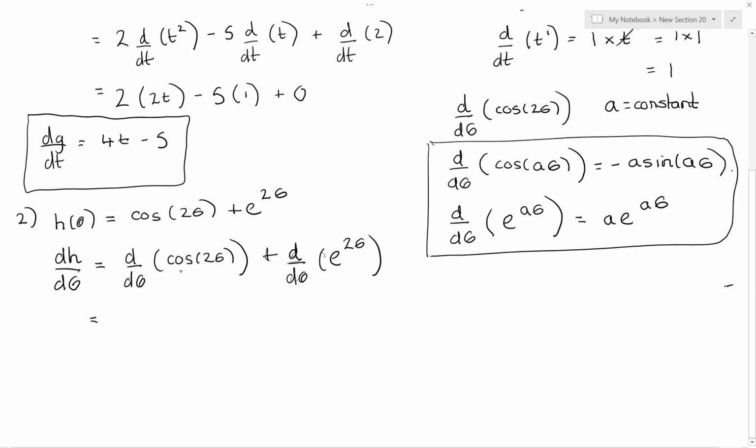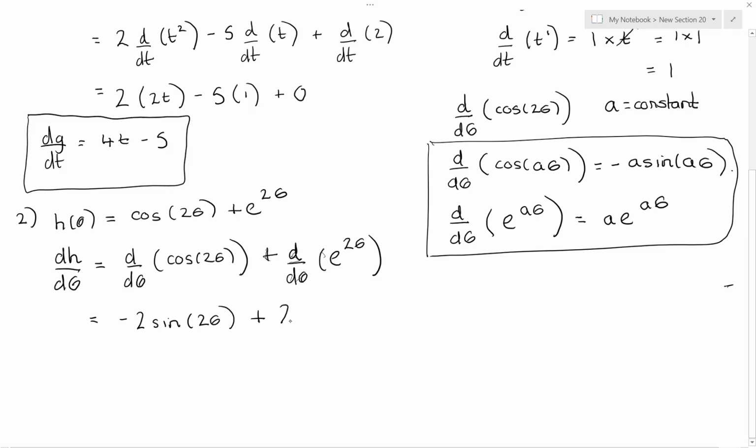We have cos of 2 theta, so that will become minus 2 sine of 2 theta. And then the derivative of e to the 2 theta, well, what do we see? We just see the constant in front of our theta, or in front of our variable, just comes out to the front.